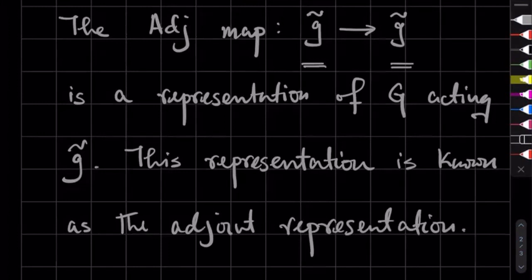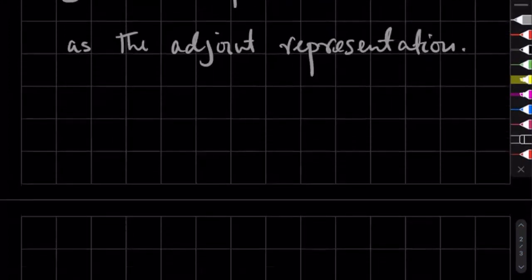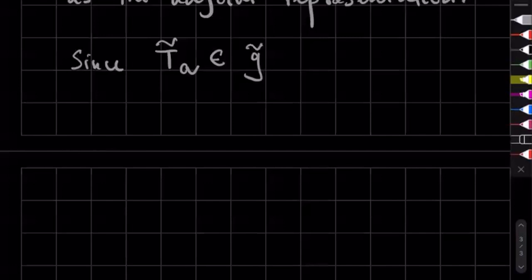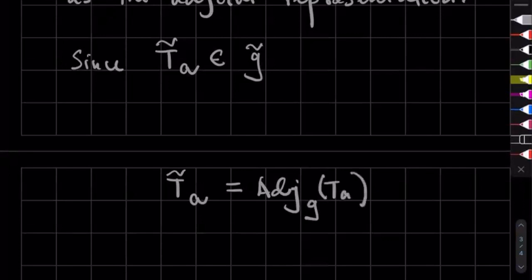Okay, so let's formalize this a little bit and prove these statements. Now, since T tilde is an element of the Lie algebra, we can write T tilde of A, which is defined to be the adjoint of g acting on T_A.